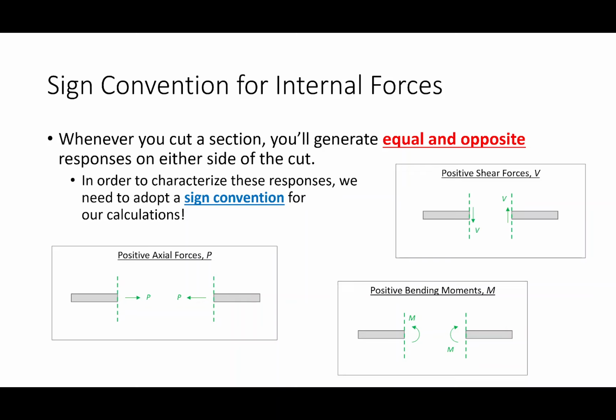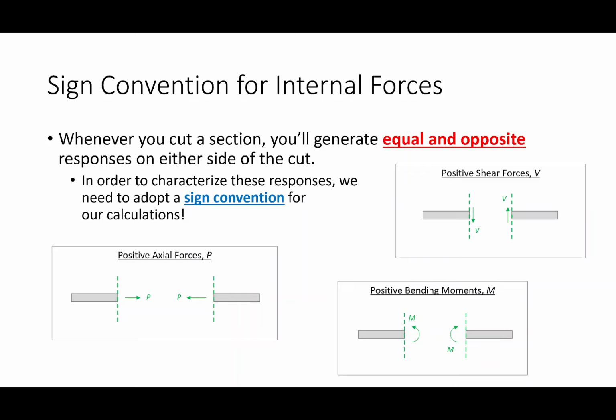All right, one thing I'll mention about the slide I just had and the diagrams that I drew. I broke this up into 3 separate images. You'll notice the sign convention I've got here: this is positive axial forces, this is positive shear forces, this is positive bending moments. That is the traditional sign convention we use in civil engineering structural analysis.